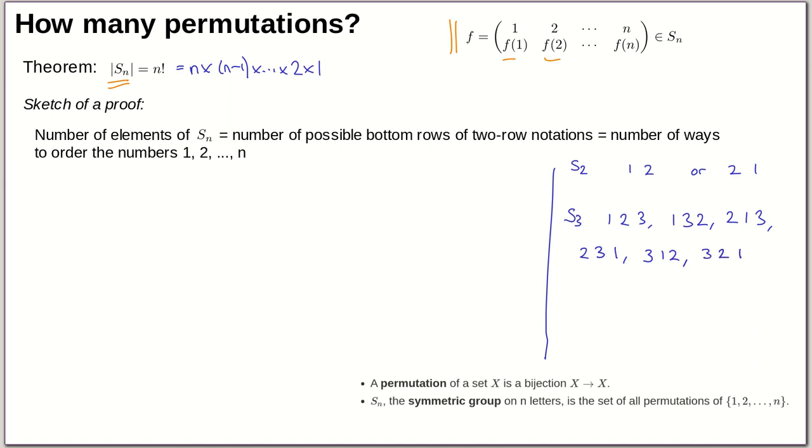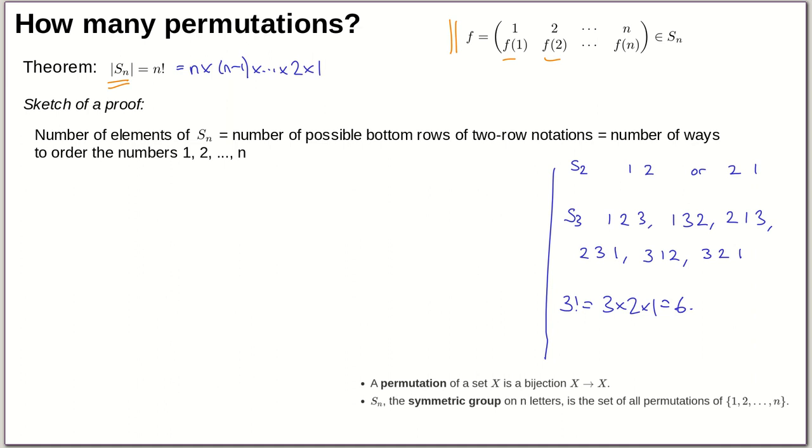But I think we can convince ourselves that those are the only possible ways to order the numbers 1, 2, and 3. And you can see that there's 6 of them, and 6 is 3 factorial, because 3 times 2 times 1 is 6. So things are looking good. It does look like our theorem is correct.